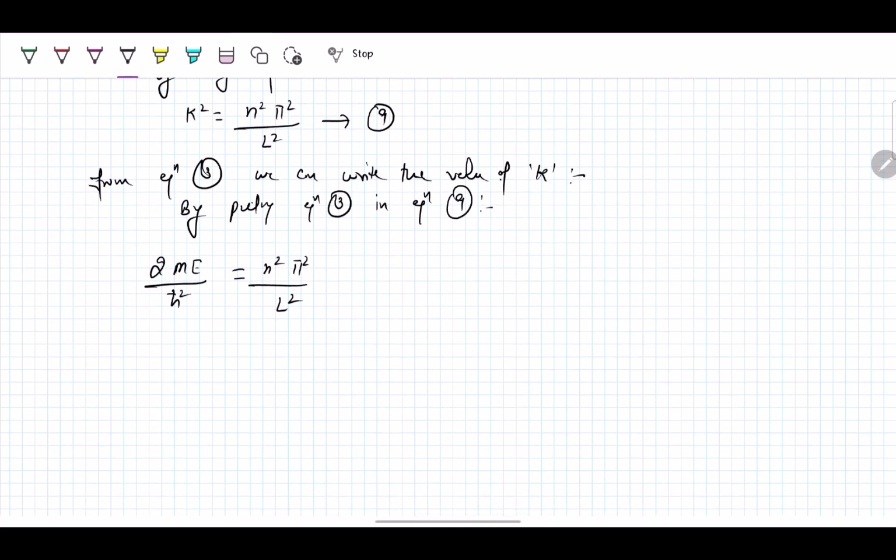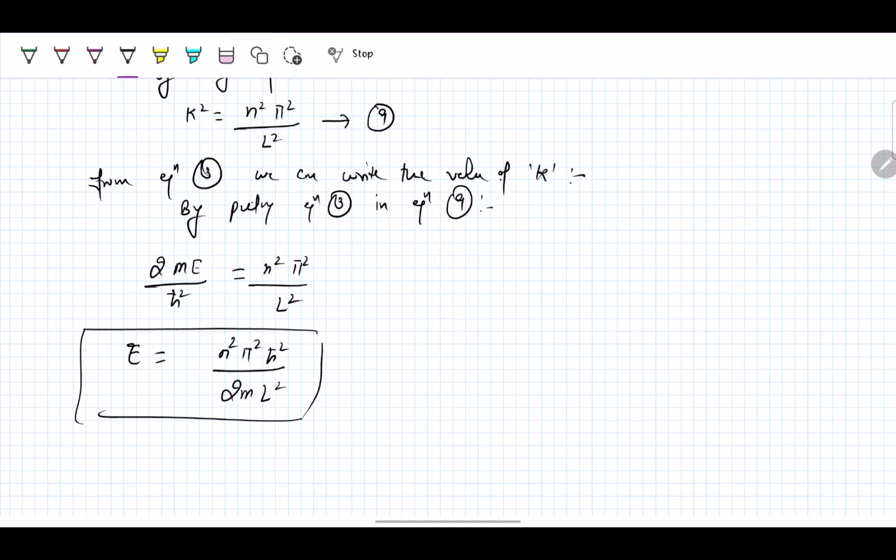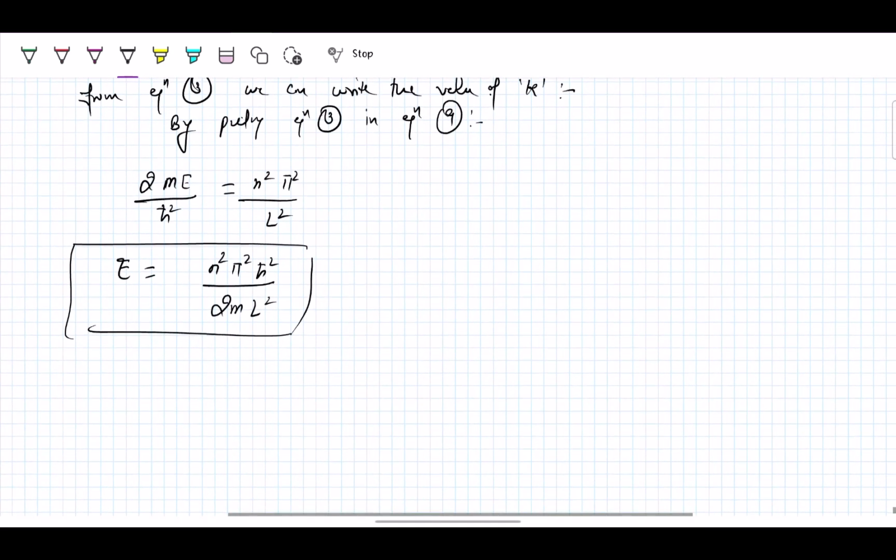So from here we can find E is equal to n square pi square h cut square over 2m L square. This is the energy for a particle in a box, or infinite square potential well, where n is called the quantum number.